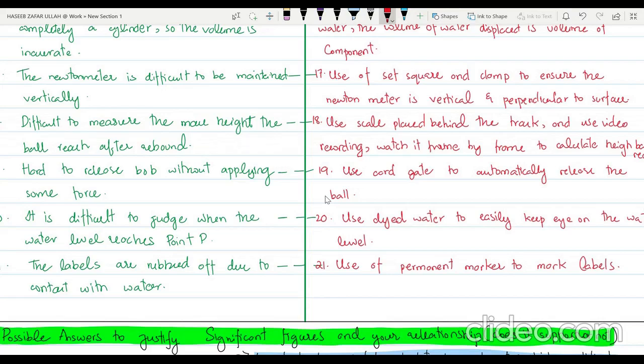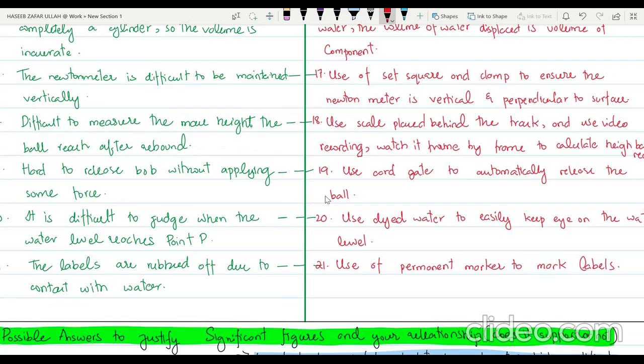The water was coming out of that hole, and we were told to stop the timer when the water level reaches P. It was very difficult to judge because the water was transparent and the beaker was also transparent, so it was difficult to see when it reaches the point P.